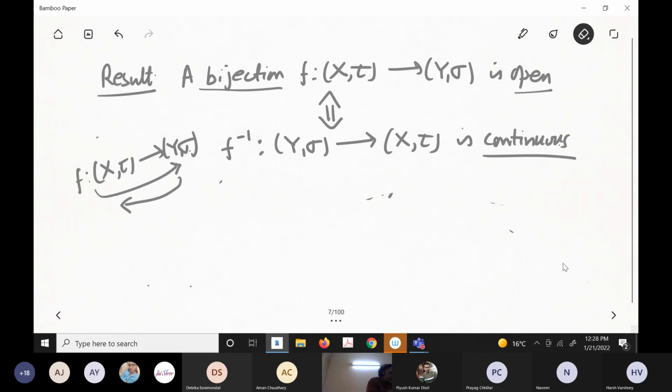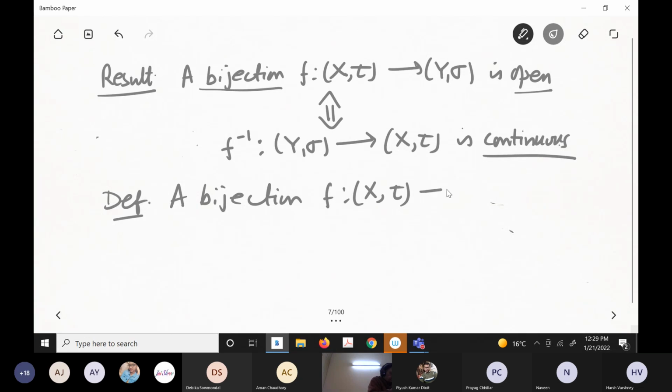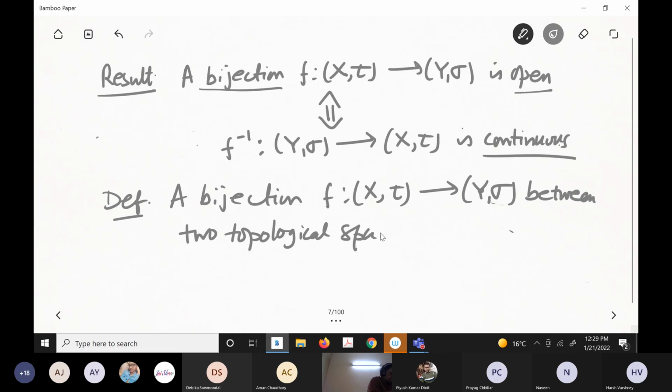Alternately, you can write this definition. A bijection F between two topological spaces is a homeomorphism if and only if both F and F inverse are continuous.